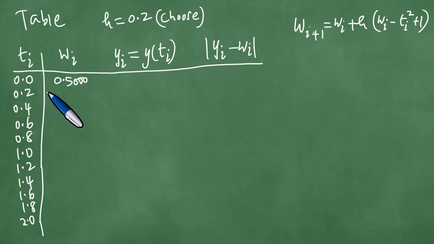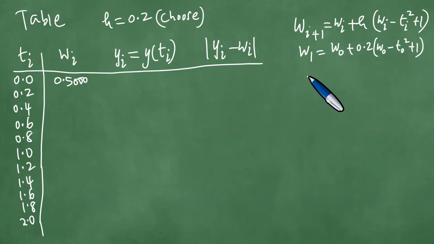Right, so now we can get 0.2. Let's just practice, and then we're going to extrapolate the rest. So we're going to say, for example, we want to get W1, which means i is 0. We got W1, but for a different H. So this is going to be W0 plus H, where H is 0.2, it's no longer 0.5, times W0 minus T0 squared plus 1.